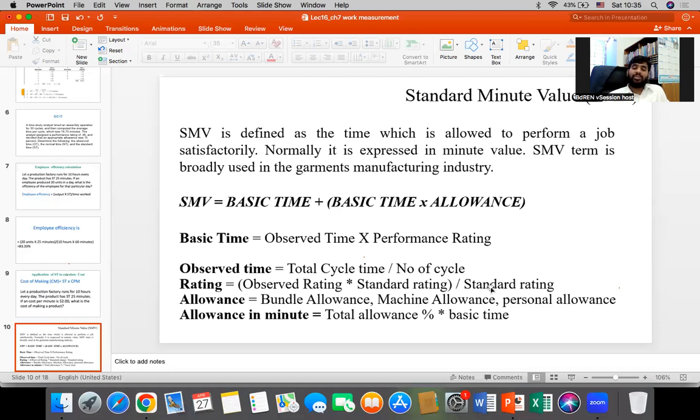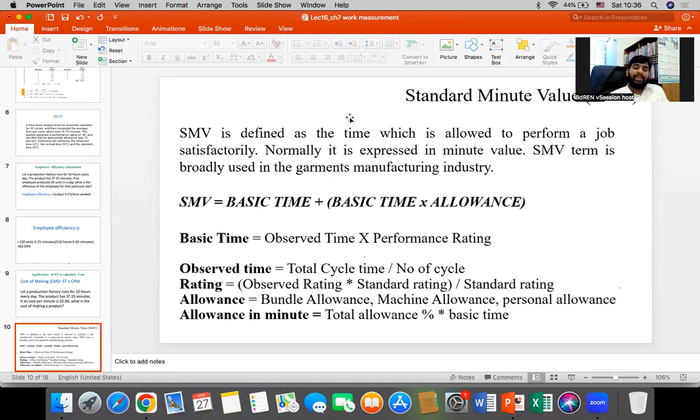In my classroom also, I can say who can answer the questions and who cannot. And allowance means your extra time, personal time, machine time, and other allowances. Allowance is in minutes, usually a percentage. 10% means 10% of the basic time.